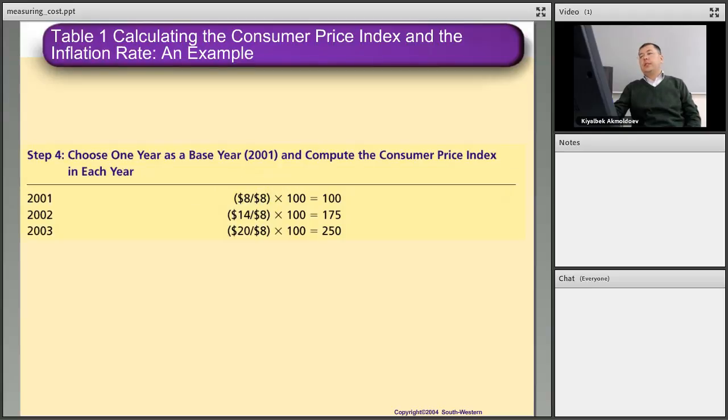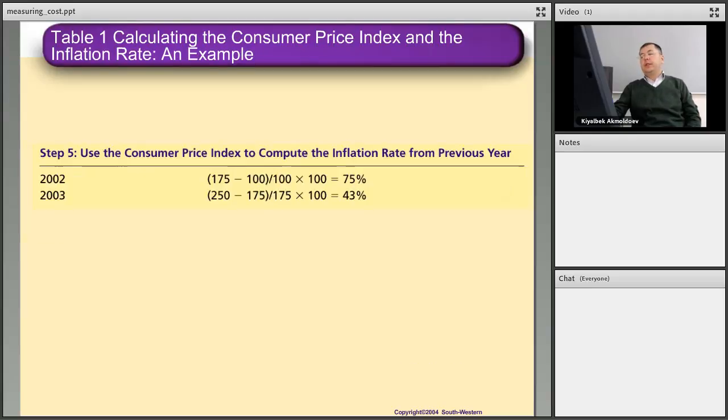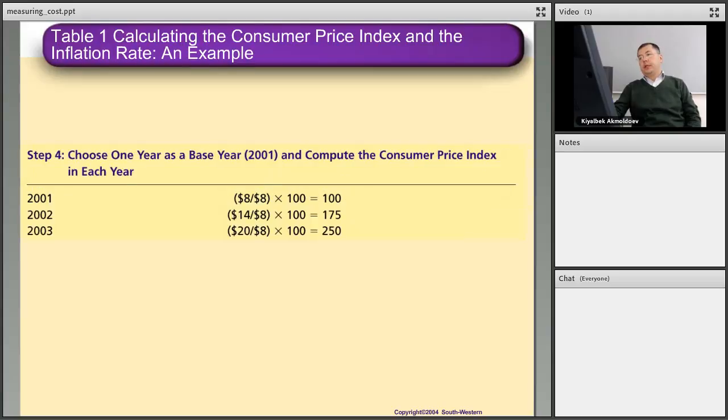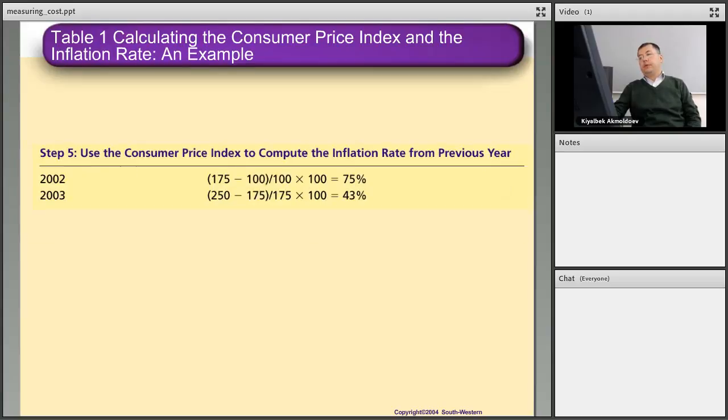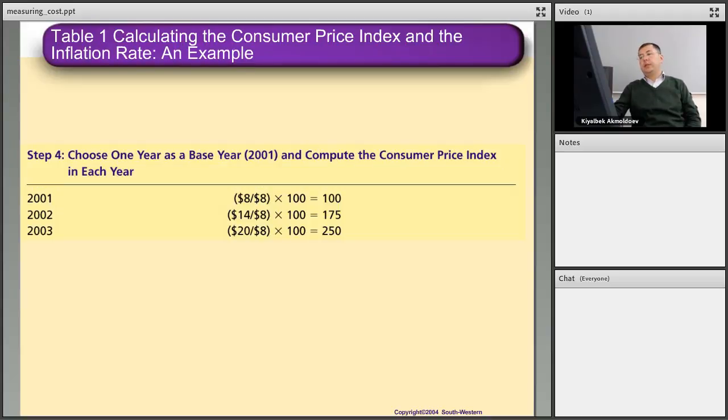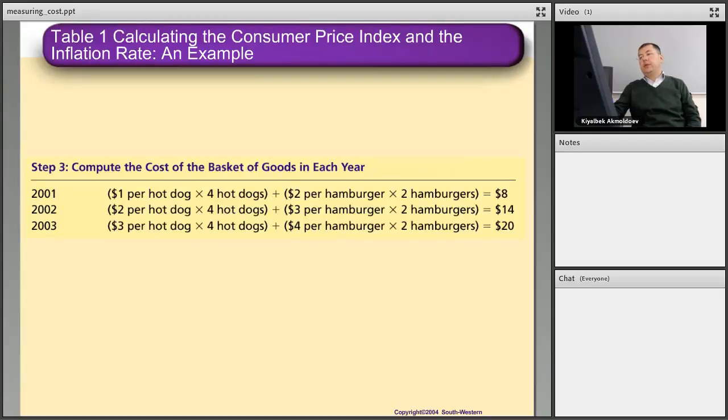So 175 minus 100, divided by 100, multiplied by 100 is 75%. Next, from 250 minus 175, divided by 175, multiplied by 100, it is 43%.